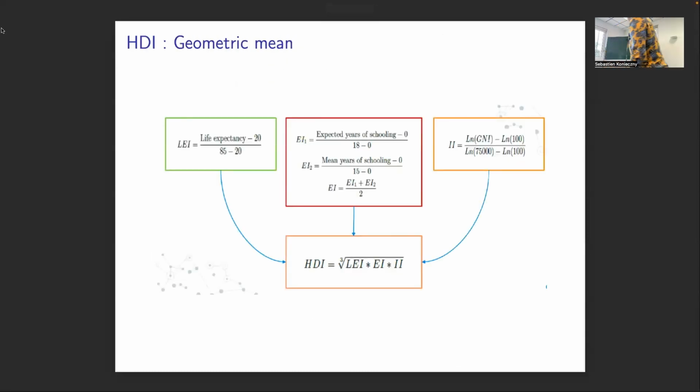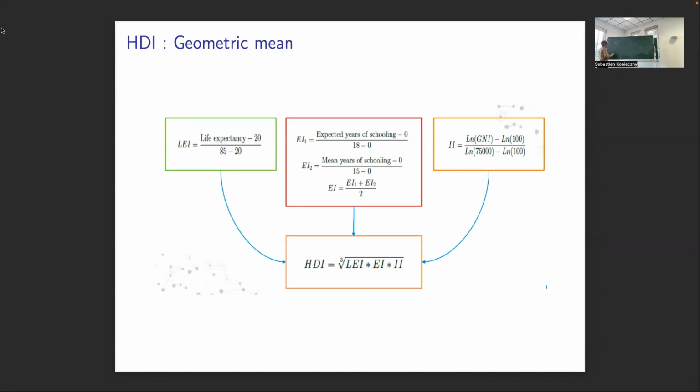I'm sure that I will never do the preference elicitation thing. That's okay. Let's do this: this is my country, okay? My life expectancy is L, and before it was (L minus 20) divided by, I think that in this year it was 25, minus 25.